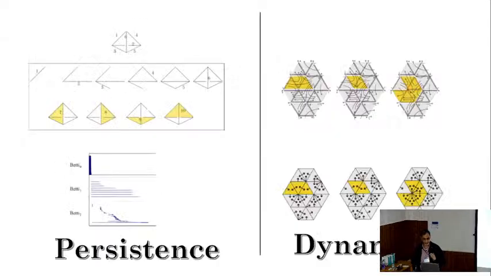Okay, so what I'm trying to do here is to make a connection between two theories. One is persistence theory, which is a very recent phenomenon. Recent means almost 20 years, but in any scientific chronology, 20 years is nothing.